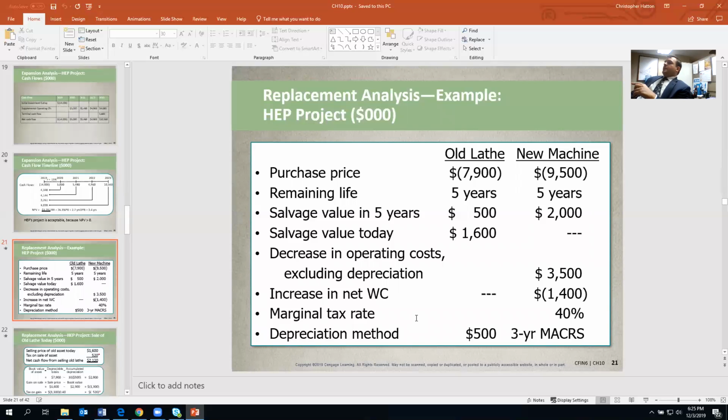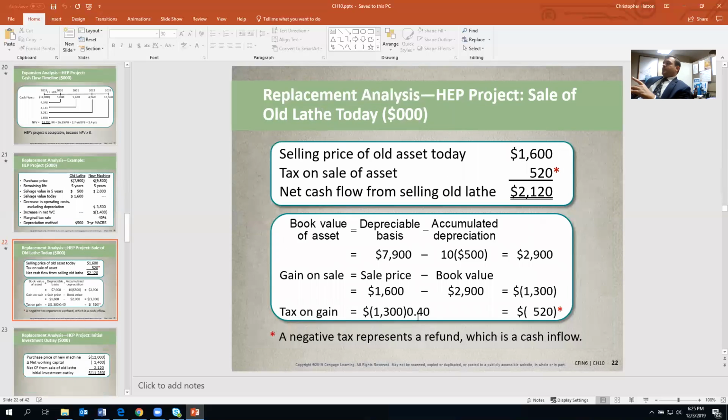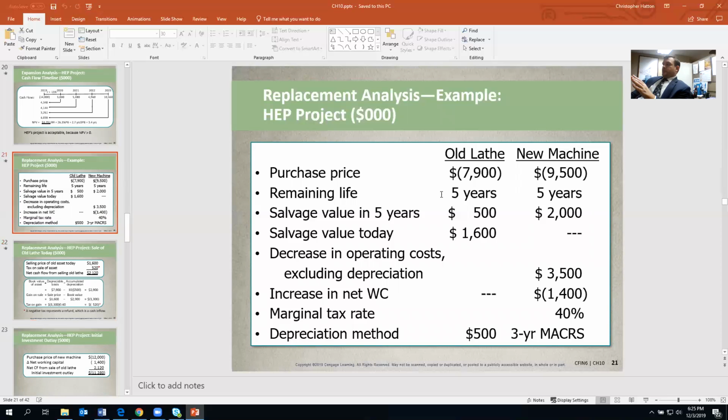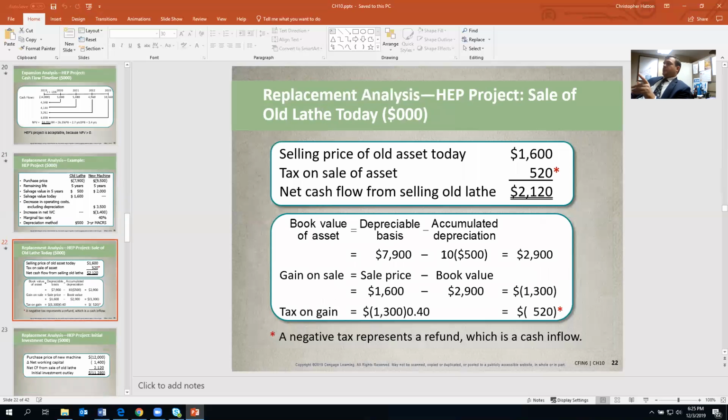And then we have our purchase price. And I don't see anything about installation or shipping. So then get to the book value, accumulated depreciation, 10 times 500.